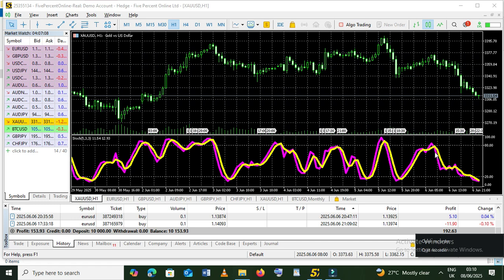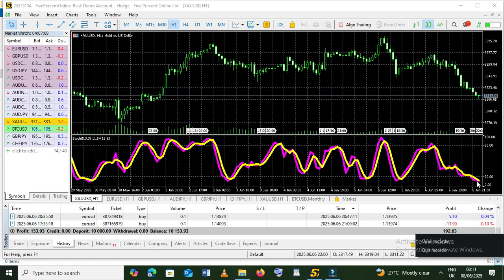Then when the line gets down to point 20, it shows that the selling power is now weak. So the selling power gets weak at point 20, you are expected to place a buy order. While the buying power gets weak at point 80 and above, you're expected to place a sell order if you are using stochastic oscillator to analyze the market.